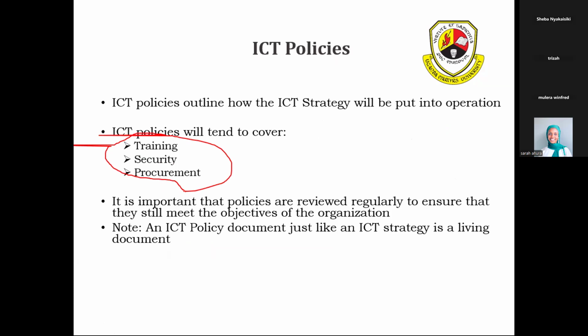So take an example. When you talk about acceptable use, that falls under security. When you talk about training, you have to train the user on what is acceptable or not. That has to be part of their training. Every employee must be trained on how to use ICT, what is appropriate use, and so on and so forth. So all those sub-policies in actual sense fall under these three generic concepts in ICT policy. Okay?